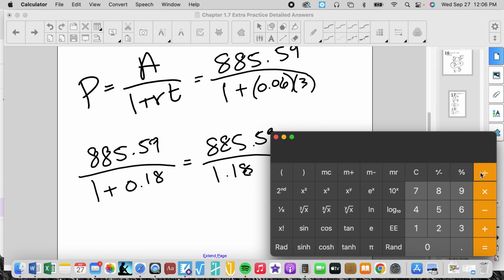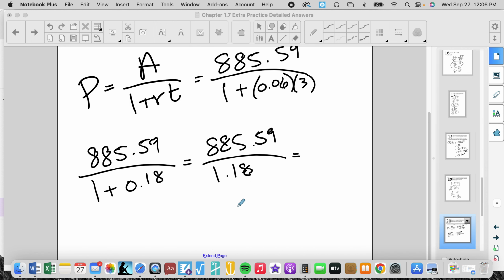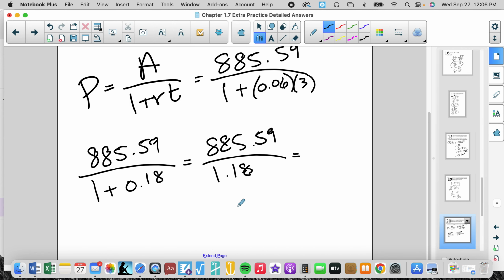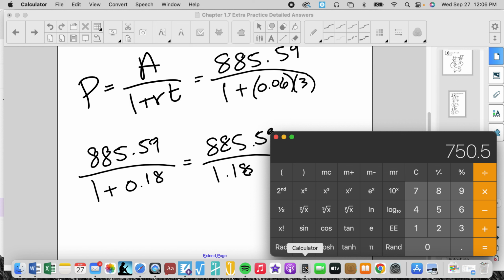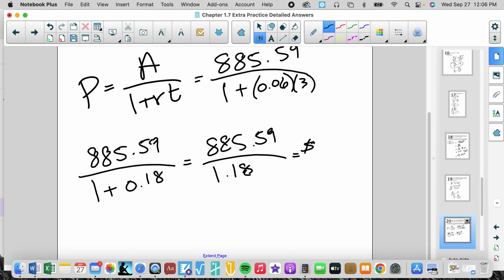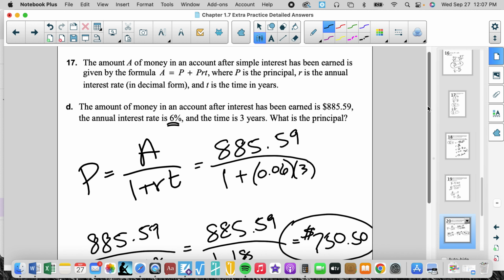885.59 divided by 1.18 leaves us with $750.50. I've got to know that even though it had a 0.5, I'm dealing with money, so I'd want to see that monetary value going out to the hundredths because it says in the question, what is the principal?